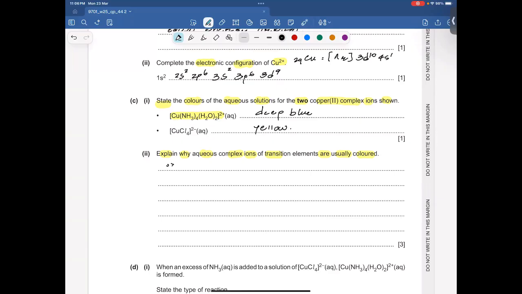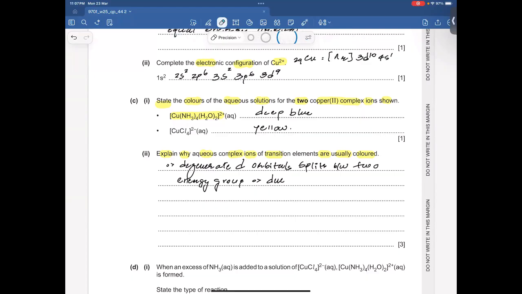First point is degenerate d orbitals split between two energy groups due to absorption of energy, or due to d-d electronic transition.